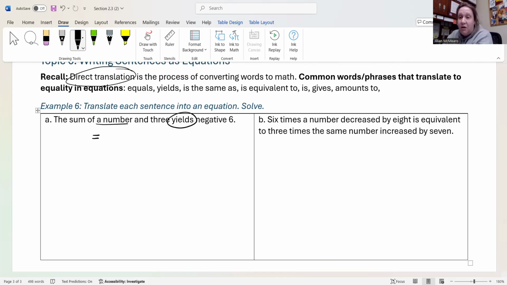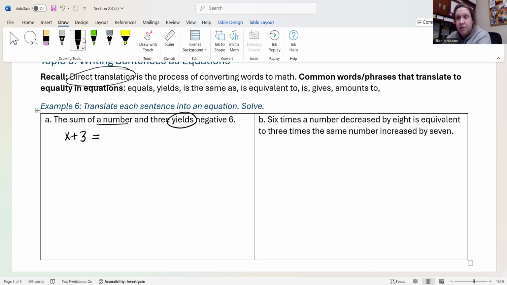Usually any letter from the alphabet, generally you'll use X's and Y's, T is common, N is common, P is common. But I always just use X. So I'm going to assign X to this number. I want the sum, which means add, of some number X and 3. So I would just take X plus 3.